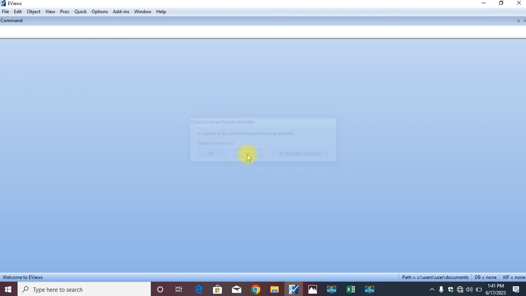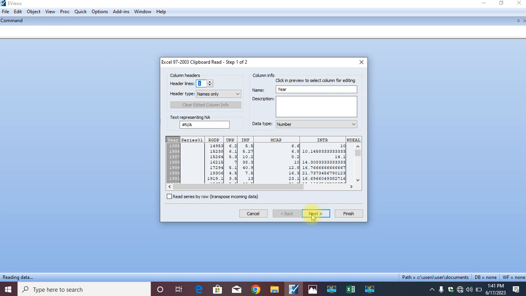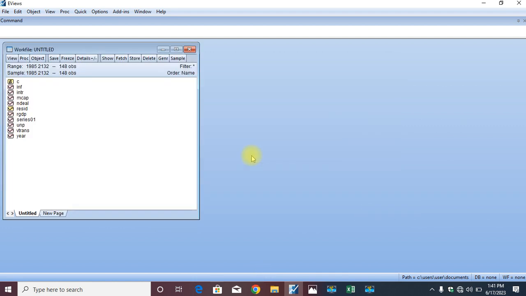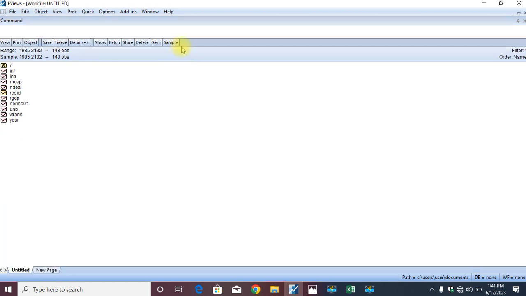Once they are pasted, that means that I've loaded the variables in the EViews worksheet. Recall that my start year is 1985. That's my start year, 1985, and I click finish, click yes. So this is my EViews worksheet.